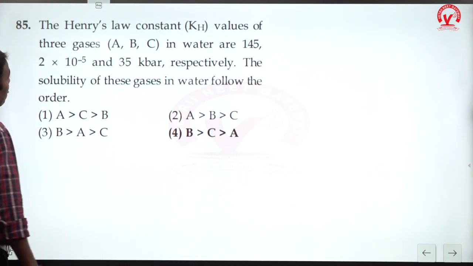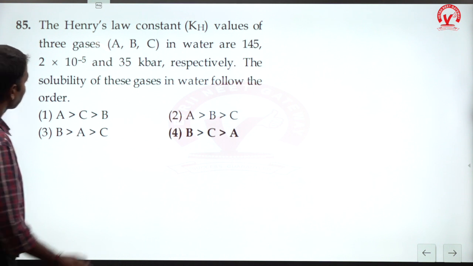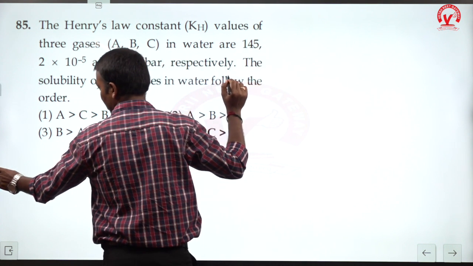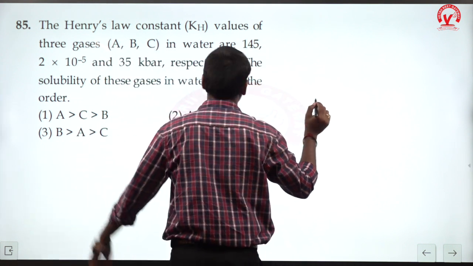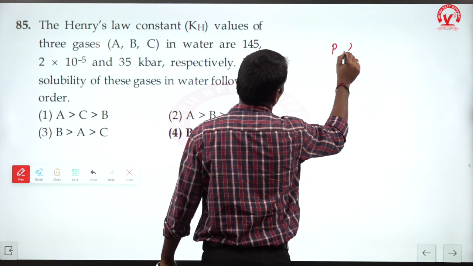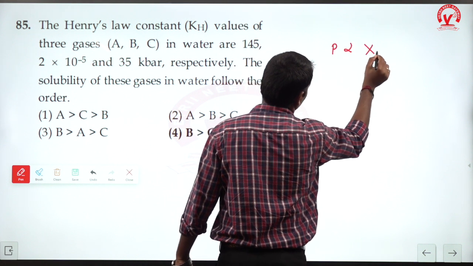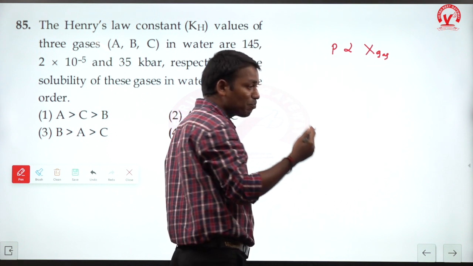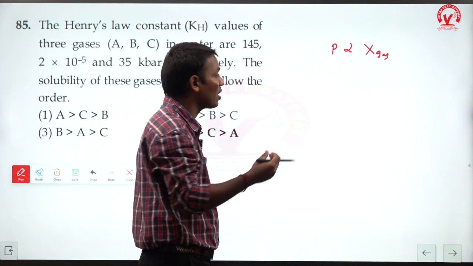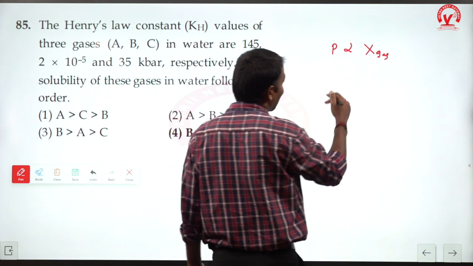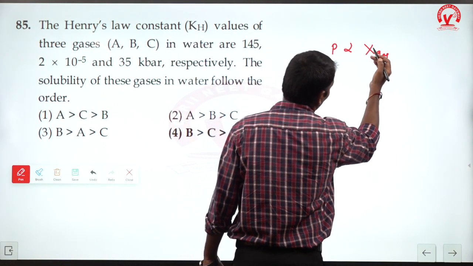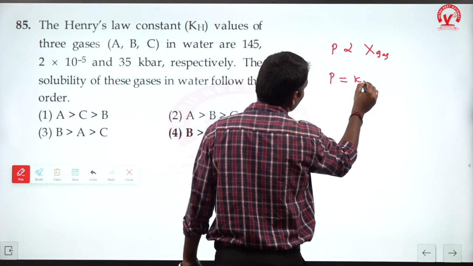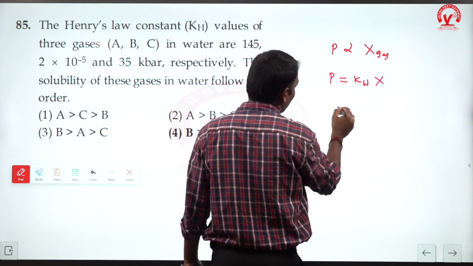Question number 85. The Henry's law constant values. Actually, Henry's law says partial vapor pressure is directly proportional to the mole fraction of the gas. That means the solubility of a gas in a liquid is directly proportional to its mole fraction, so P is equal to KH into x, the mole fraction.